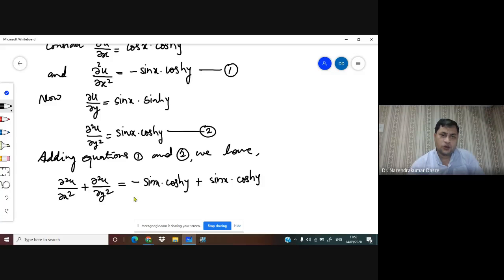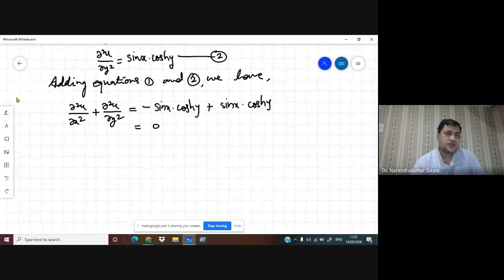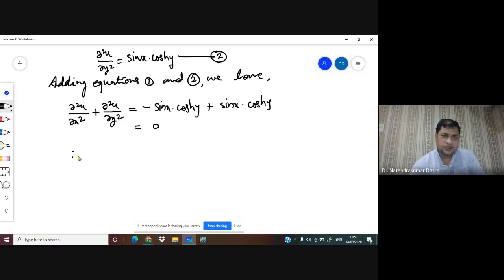This is going to be 0 because one is a negative term and the other a positive term, so the sum is 0. So we got ∂²u/∂x² plus ∂²u/∂y² equal to 0.